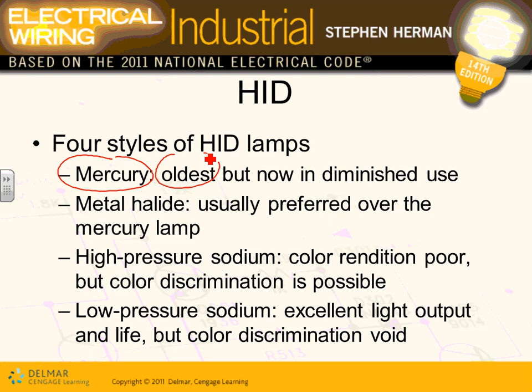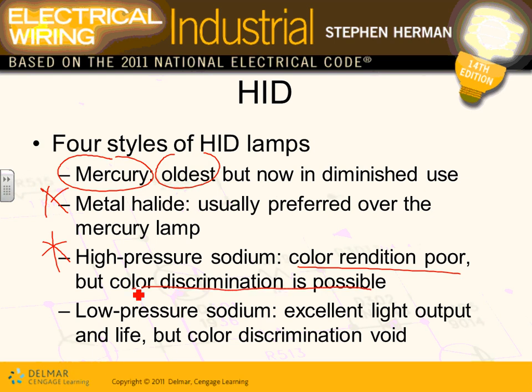Your two options, guys, are either metal halide, if you remember from the commercial project, or high pressure sodium, depending on the gas that you put inside that bulb. Preferred over mercury, of course, metal halide is your choice. High pressure sodium is good, color rendering is a little bit poor, but color discrimination can be enhanced.